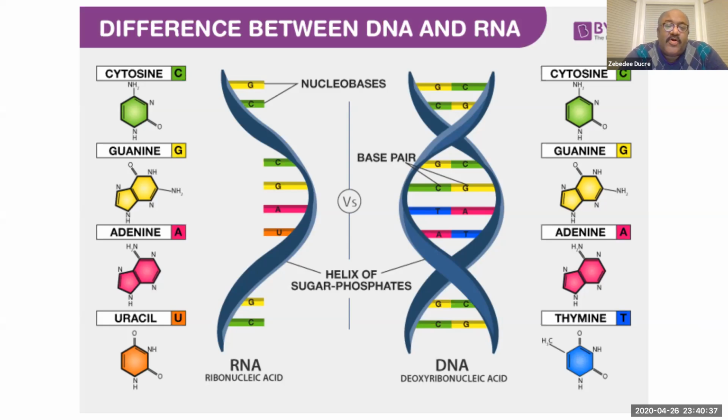Whereas RNA just has to copy one of the strands of DNA, so it's only single-stranded. And again, RNA has cytosine, guanine, adenine, and uracil for its nitrogenous bases, and DNA has cytosine, guanine, adenine, and thymine for its nitrogenous bases.